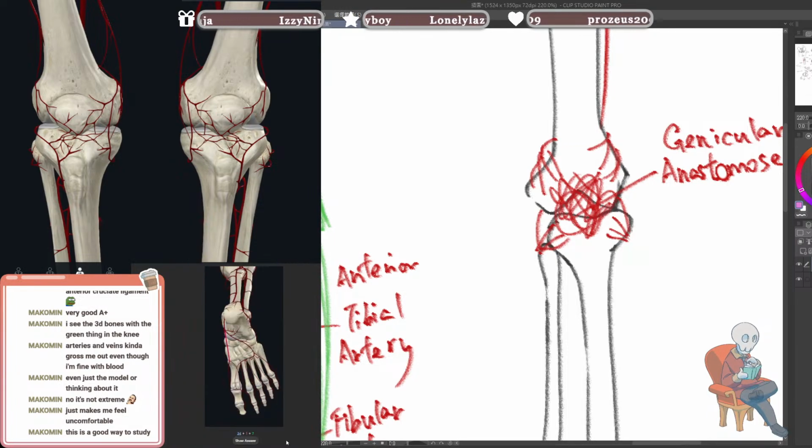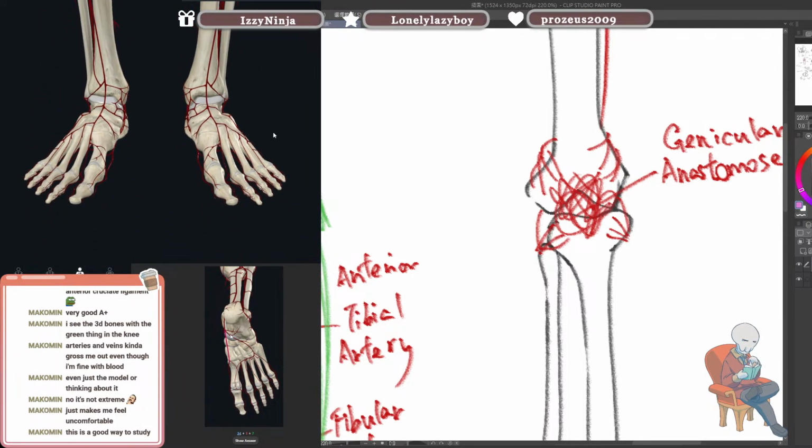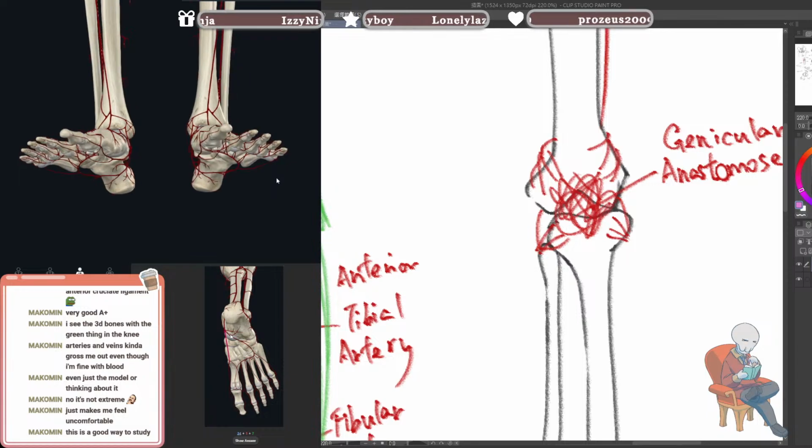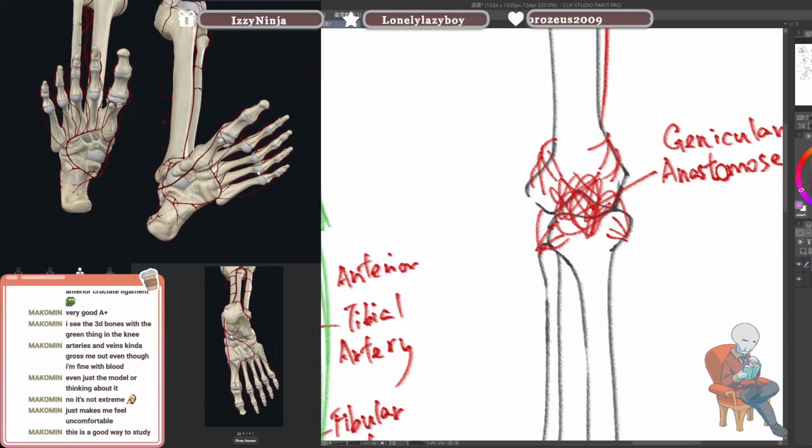Tibial artery. And if you look closely, this is the back of the feet. Well, anatomically, I shouldn't call it back. It is the plantar surface of the feet. So here will be the dorsal surface, or dorsum, and under there will be the plantar side of your feet.